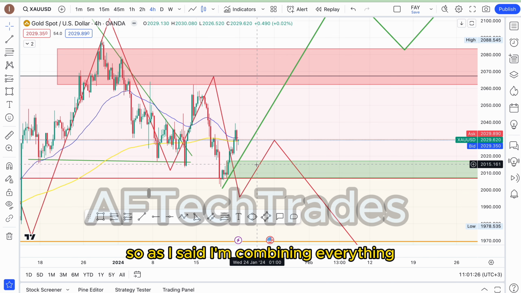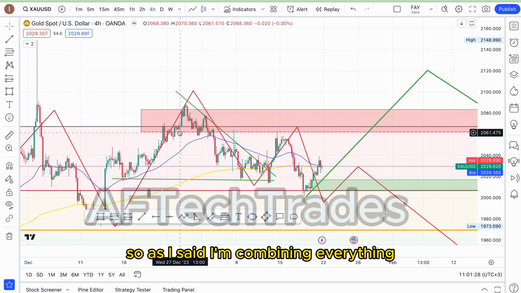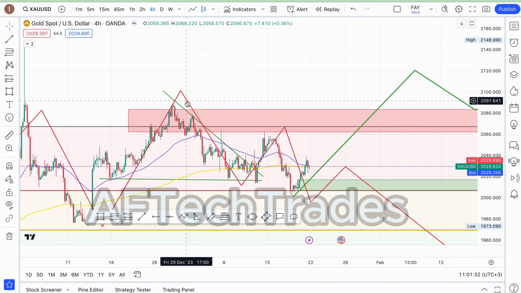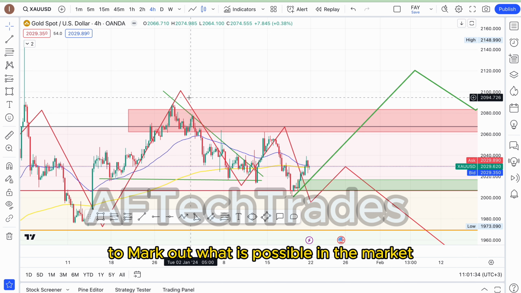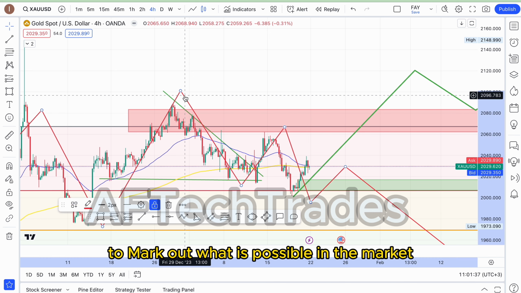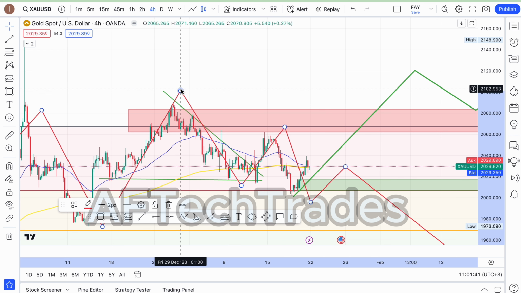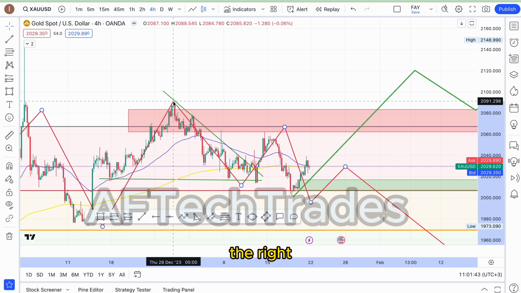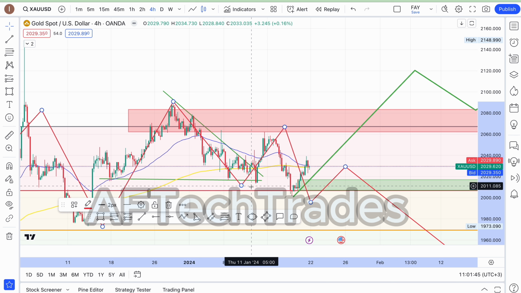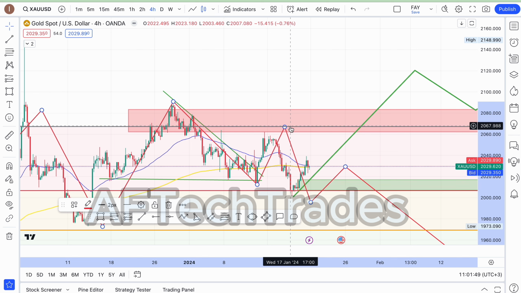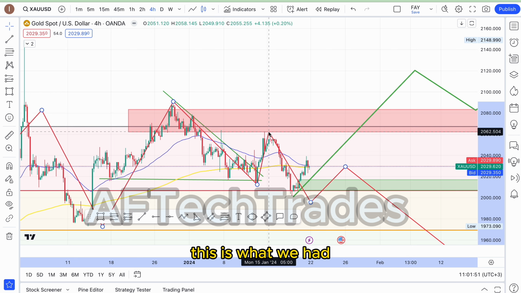So as I said, I'm combining everything we have talked about to mark out what is possible in the market. Let's adjust these ones to the right shape. This is what we had.